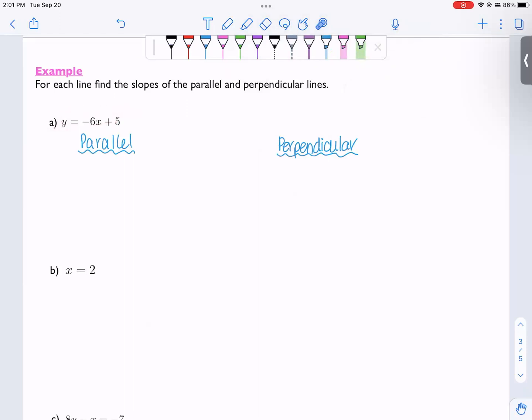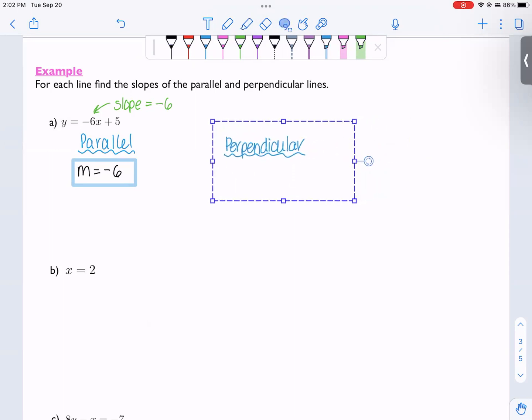It's already in slope intercept form, so we can easily pick out the slope. The slope is -6. For parallel lines, they're going to have the same slope. So the slope of the parallel line would be -6. Any parallel line will have slope -6.